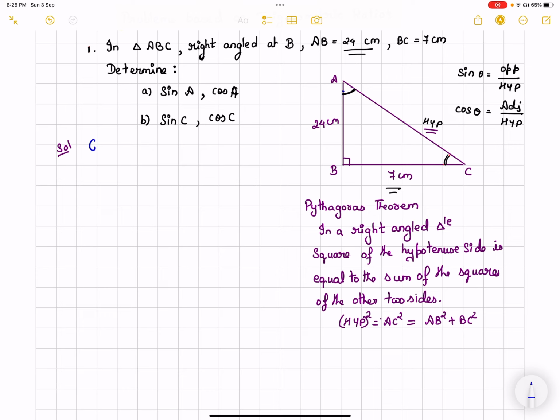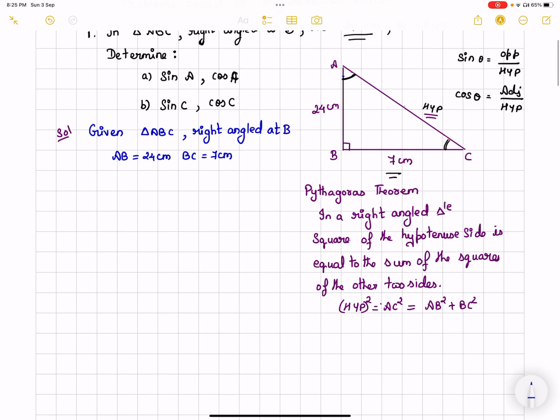So given, triangle ABC and right angled at B. Then they also gave me the side AB is equal to 24 centimeter and BC is equal to 7 centimeter. Done. Now after that, I need to find out AC.